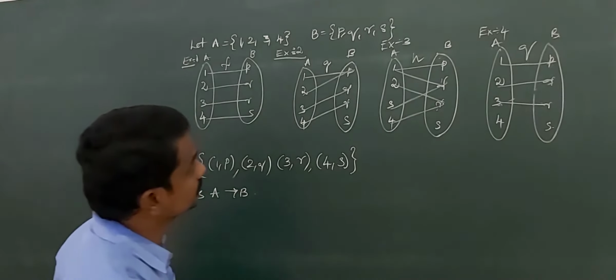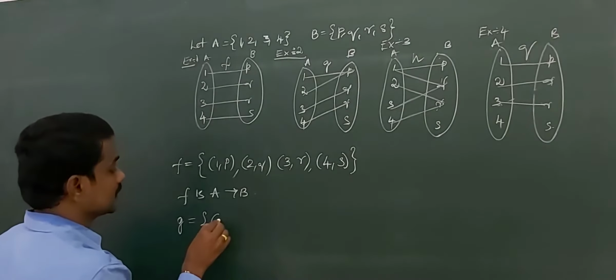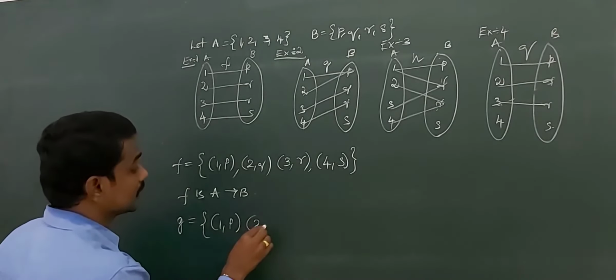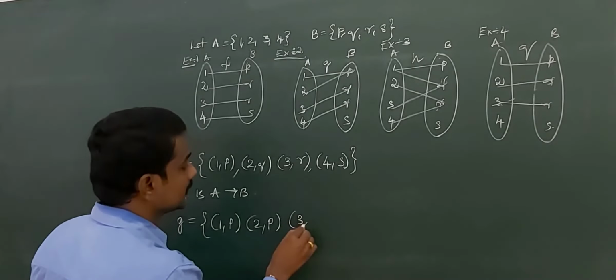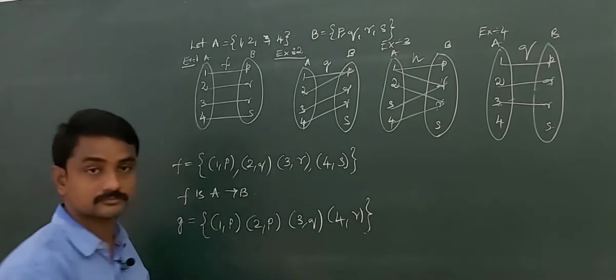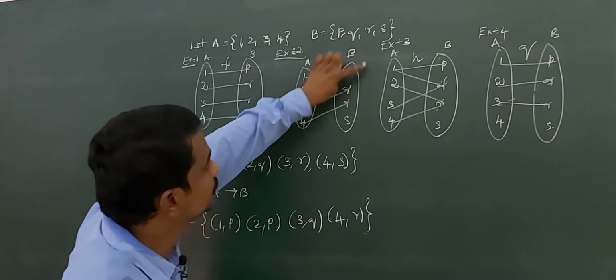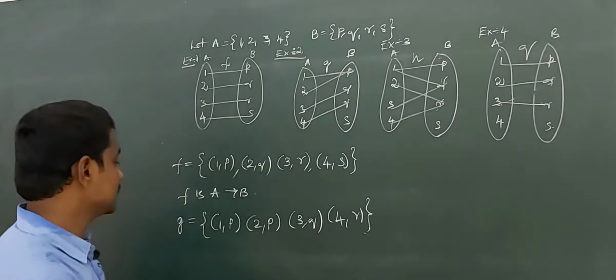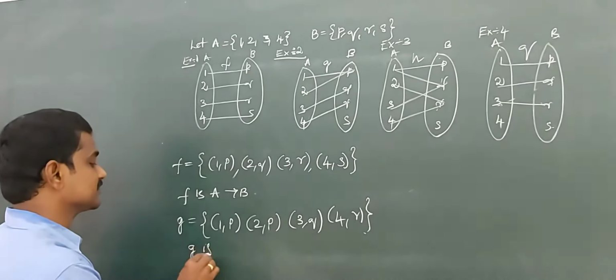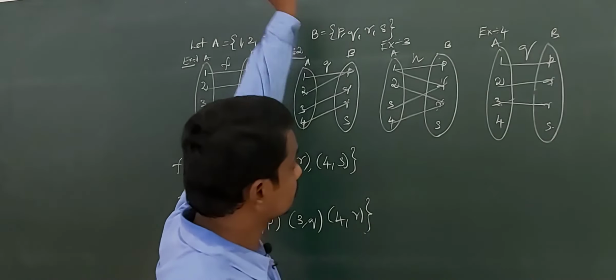Next, example 2. Here the relation G is equal to {(1,P), (2,P), (3,Q), (4,R)}, a relation from A to B. We observe that every element of A has a unique image in B. So G is a function from A to B. Next, third example.